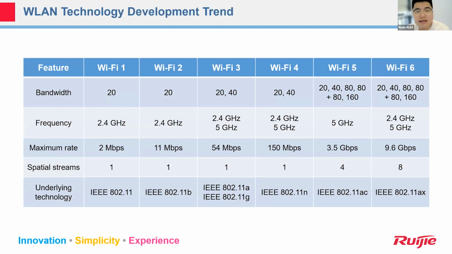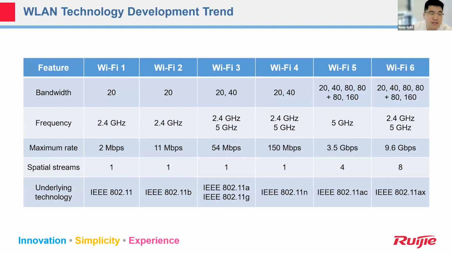With time passing by, WLAN has gone through a lot of generations. What we're using nowadays is Wi-Fi 6 or Wi-Fi 5, right? And with the development of the WLAN technology, in this table, you can easily find that firstly, the bandwidth has increased a lot, right?